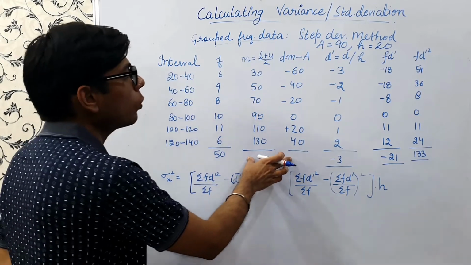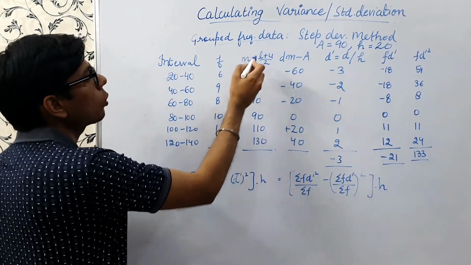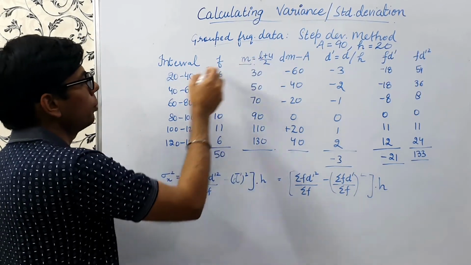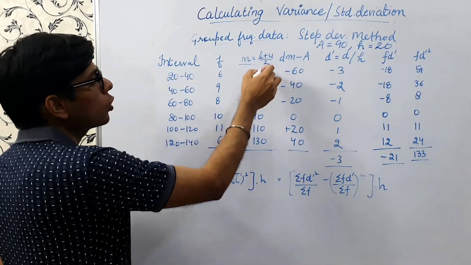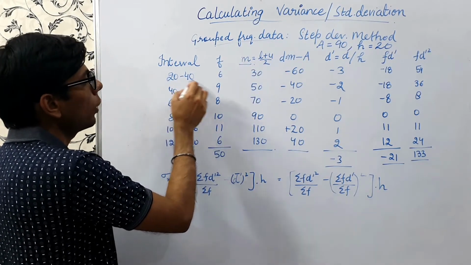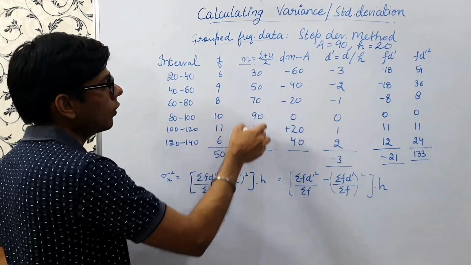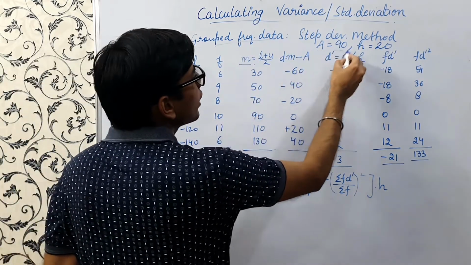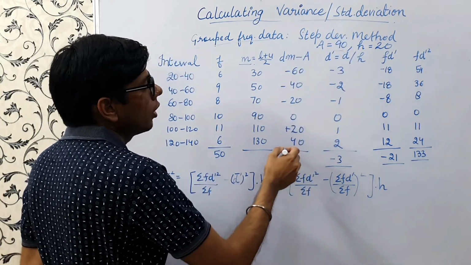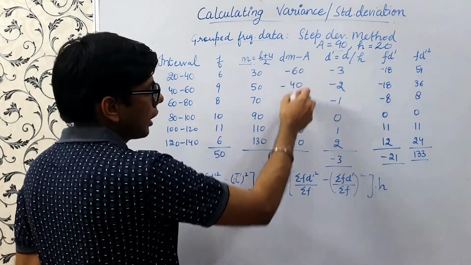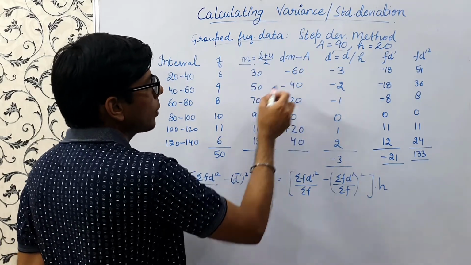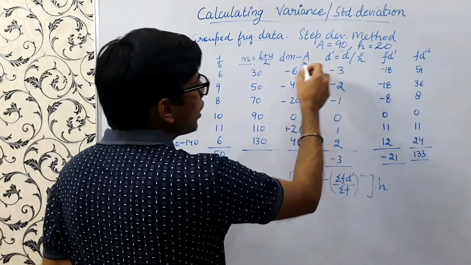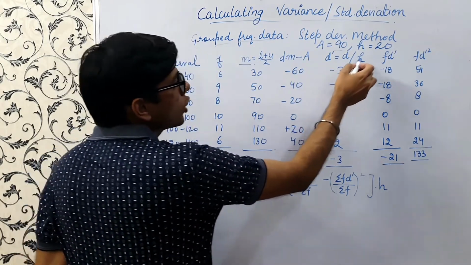To get what we have done in this table, first we have to calculate M, which is the midpoint of these intervals, L plus U by 2, lower plus upper by 2, 20 plus 40 by 2, 30, 50, and then we have assumed that A is 90. So we have just taken the deviations, M minus A. This is 30 minus 90, minus 60 and so on. And then we have divided each deviation by H, where H is 20.